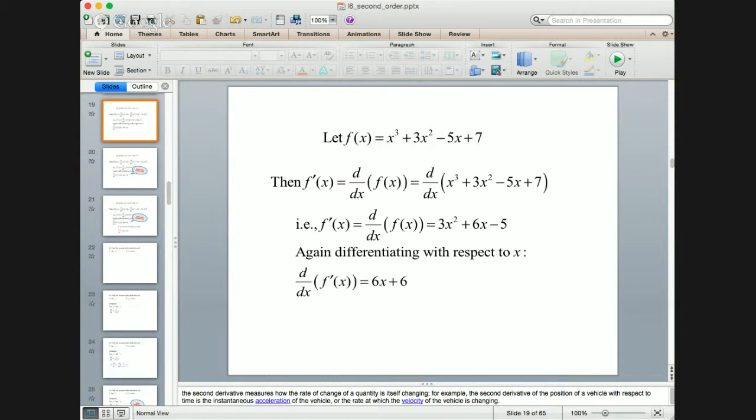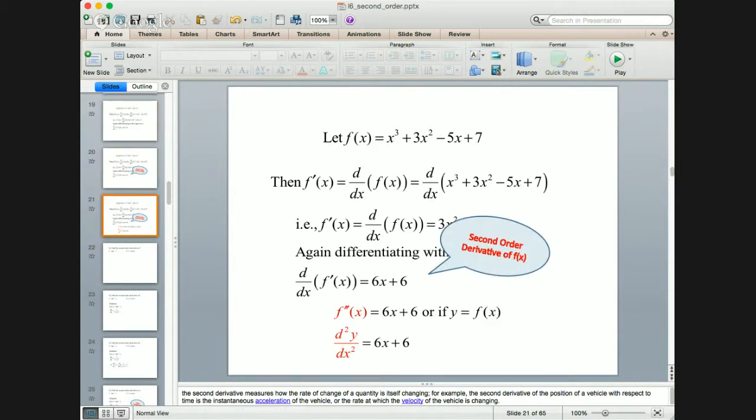At the same time, symbolically, we use the notation f double prime of x, that is f double dash of x as it is read, and it is also written as and read as d2y by dx square.